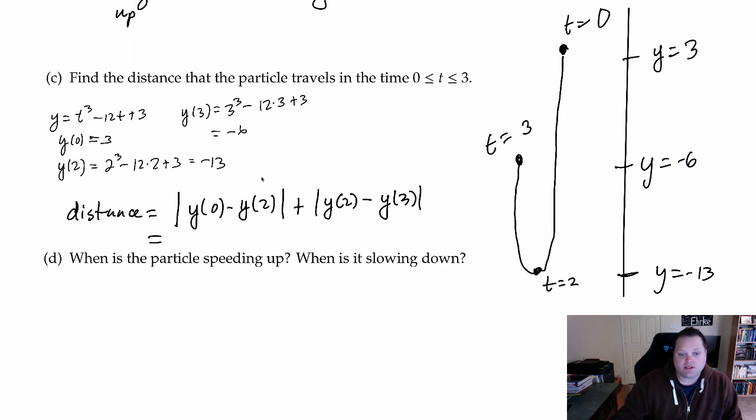We know from time 0 to time 2, it traveled from 3 to negative 13. That's a total distance of 16. And then from time 2 to time 3, it goes from negative 13 to negative 6, which is a distance of 7. And so 16 plus 7 is 23. So 23 units have been traveled in the first 3 seconds.